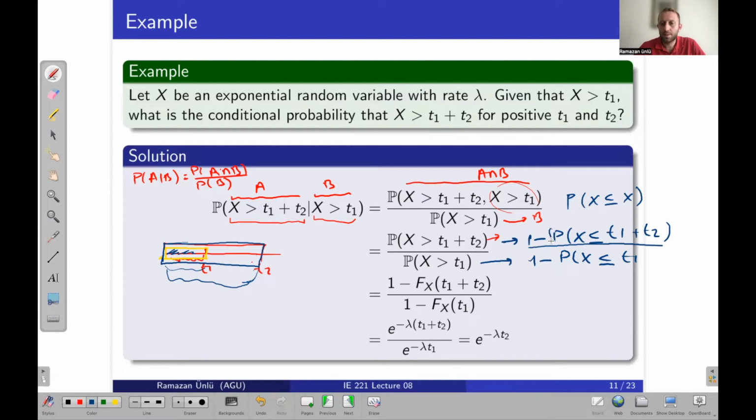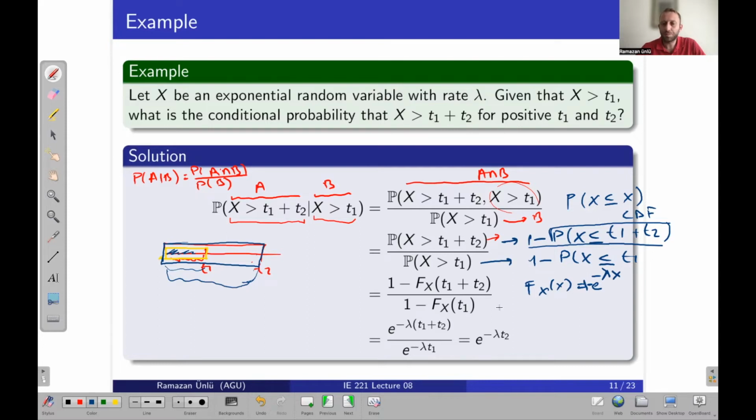What is this? This is actually the CDF, okay? And what was the CDF of the exponential function? That is F_X(x) equal to 1 minus e to the minus lambda x.